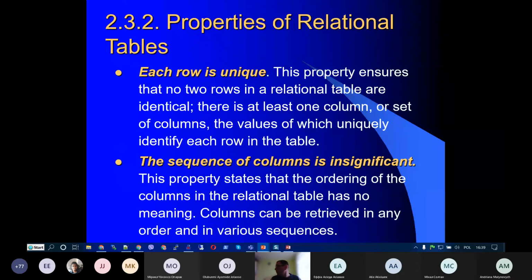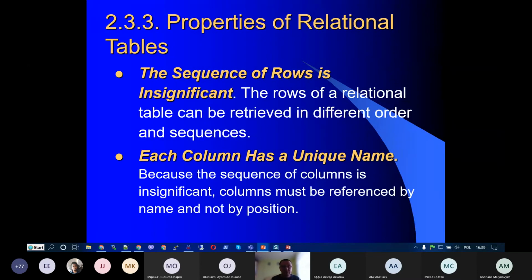And for us, it's not important where our actual row is, at the end, at the beginning of the data set, or somewhere in the middle. I already mentioned that each column should have a unique name.